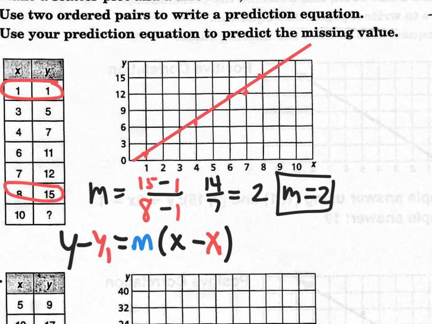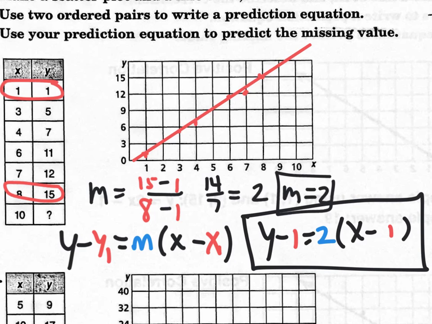Sorry. Okay, so our equation will be y minus what? Y minus 1 equals m, which is what? 2, parenthesis, x minus what? 1. And ladies and gentlemen, we have our equation right there.